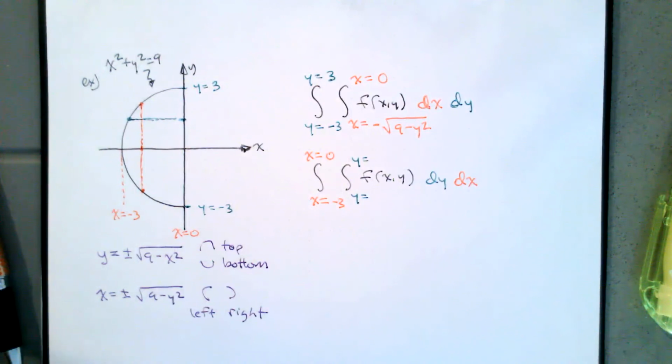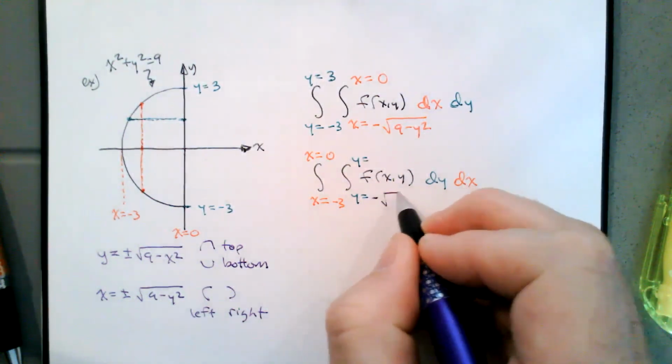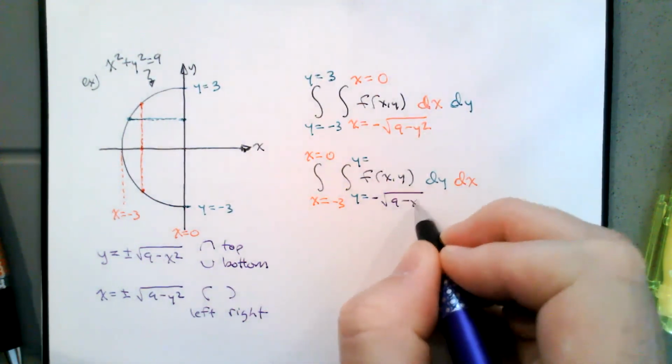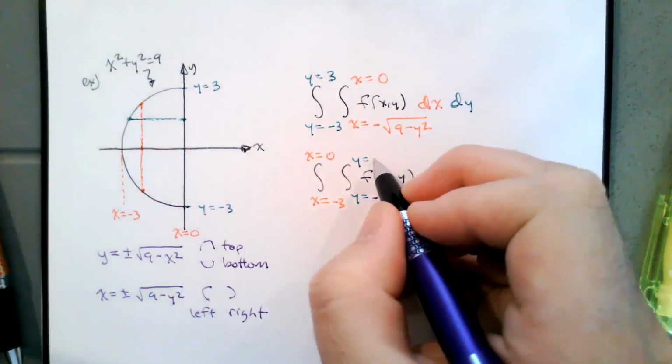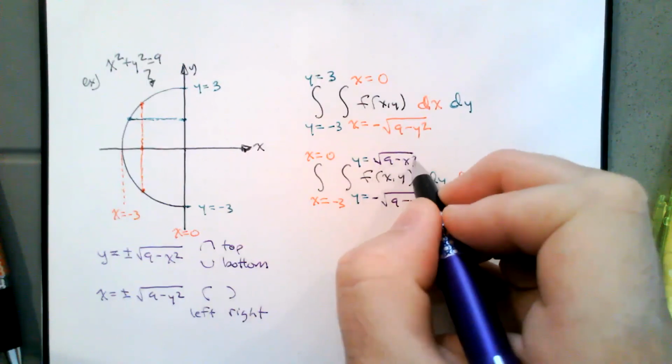So now we're using the top and the bottom half of the circle. So for the values of x between -3 and 0, choose the bottom half of the circle, negative the square root of 9 minus x squared, and the top half of the circle, positive the square root of 9 minus x squared.